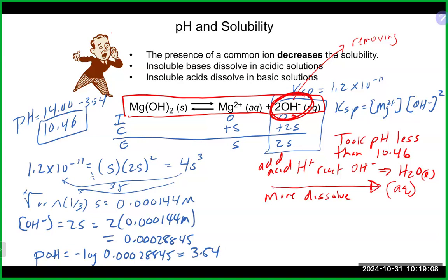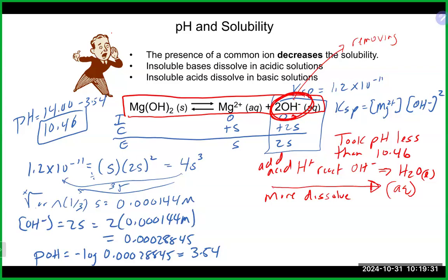Question. Do I need to get it to go all the way to an acidic pH to see that happen? The answer is no. You just got to drop it less than 10.46. If you actually drop it to something like a pH of like 9, you'll get a significant amount of it to actually start to dissolve because the baseline pH of where it's starting is 10.46.